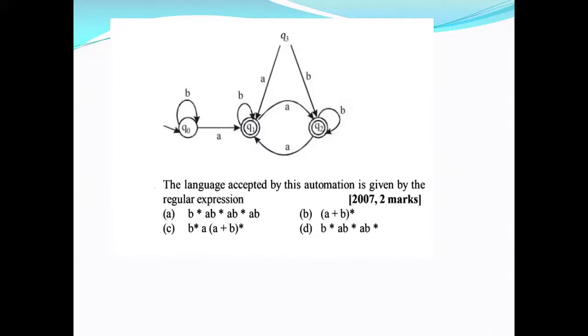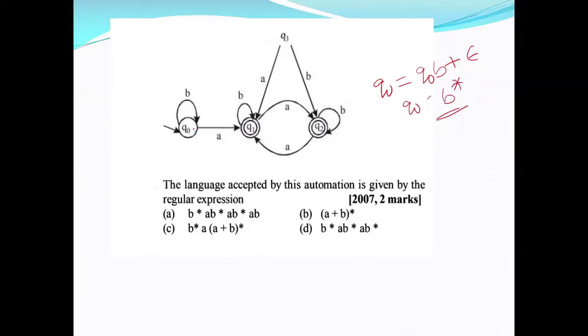For example, for Q0, if you make the equation, Q0 equals Q0B plus epsilon by Arden's theorem, so you get Q0 equal to B star. But by observing, you can say B star.